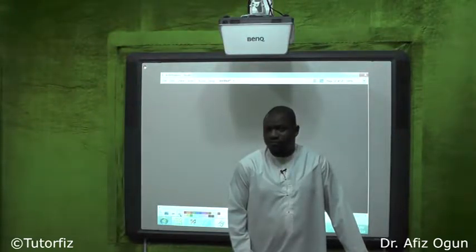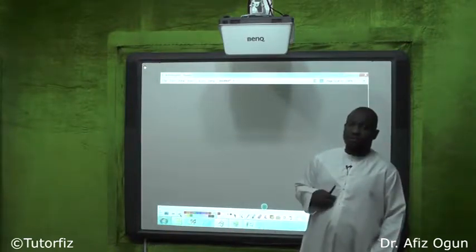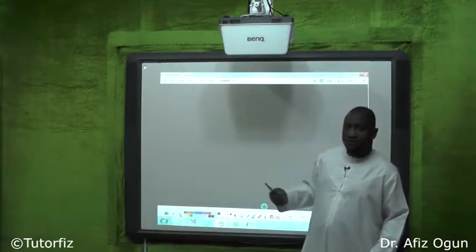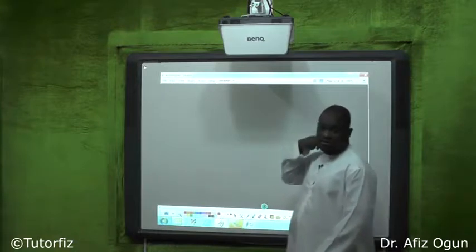Now, this aspect I want to describe is for Cambridge students. Even the changing speed stuff is mostly for Cambridge students, not Edexcel. For Edexcel, you come across this in grade 12.